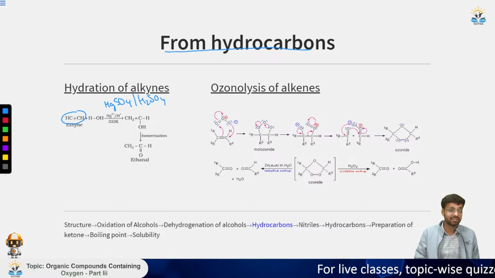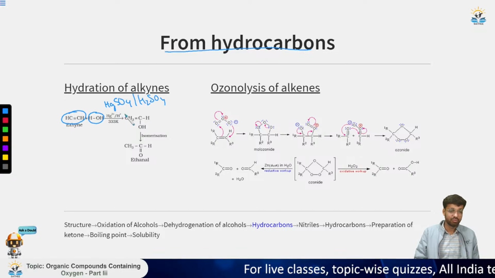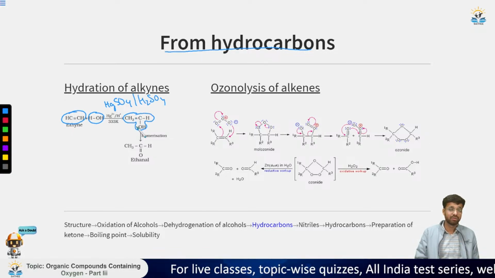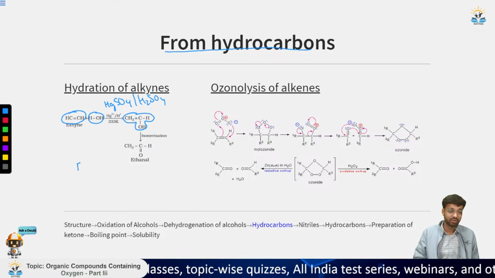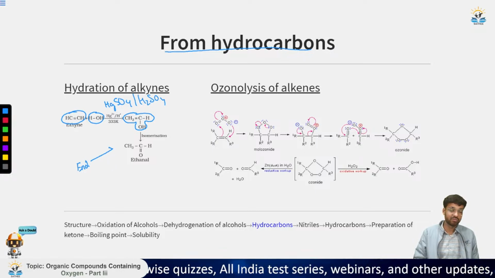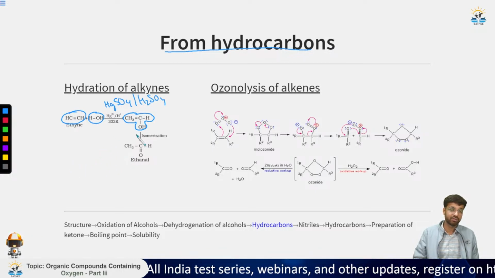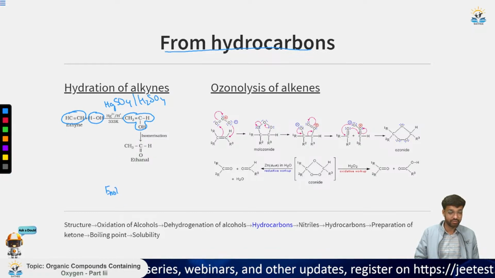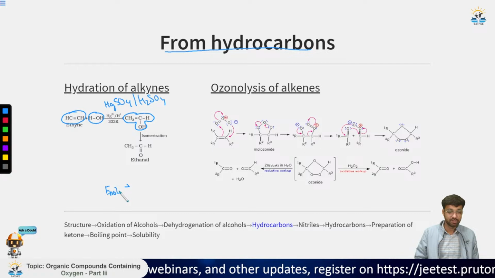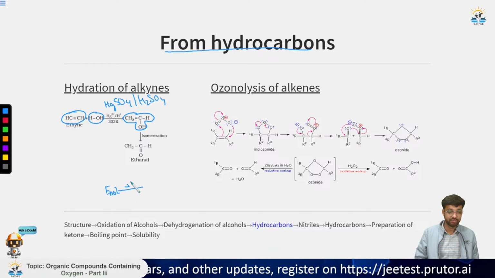We are taking an alkyne in the presence of water, then Hg2+ and H+, and we convert this into an enol. Now since we know that the enol form is not much stable, most of the equilibrium will shift toward the keto form. So we can write here also, this is the enol form, so it goes to the keto form.